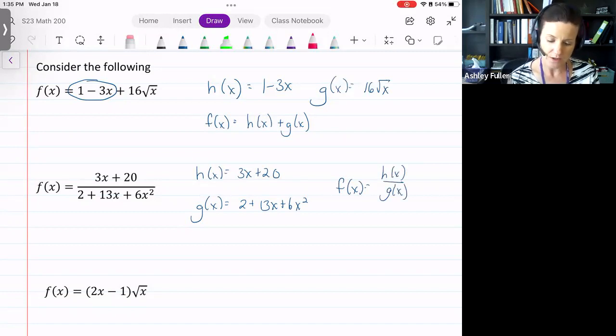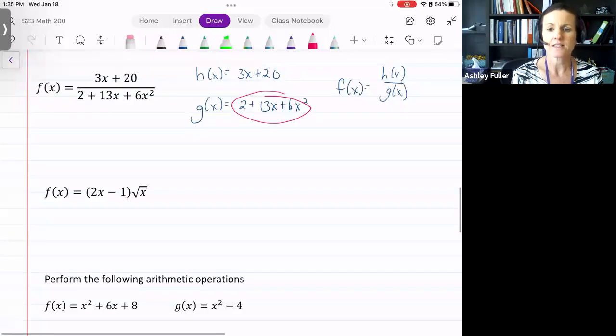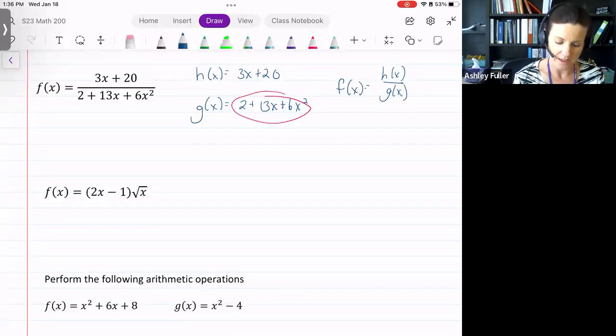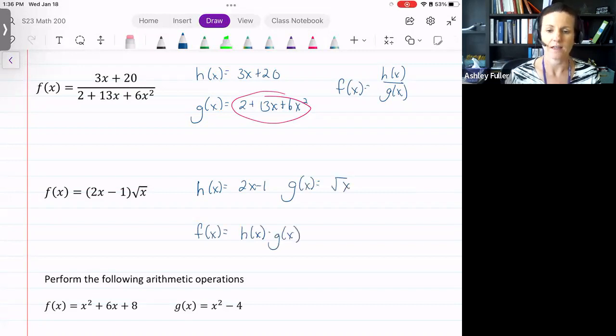Note, we do not need to restrict g in this case because it can never equal 0 based on the values that we have here. Here is an example of where multiplication is used to define two functions. I can define h of x as perhaps 2x minus 1, and I can define g of x as the square root of x, leaving us with f of x is equal to h of x times g of x.